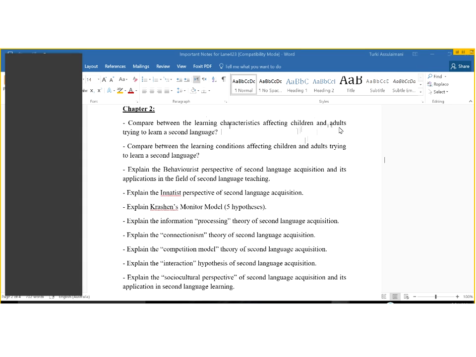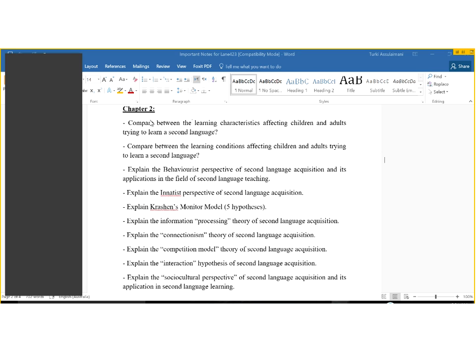But adults, especially teenagers, do not want others to laugh at them. They only want to talk when they are sure that they know the language. Again, that can be a disadvantage. It means that they will not participate enough, they will not practice their language enough. So these are some of the different learning characteristics that affect children and adults.